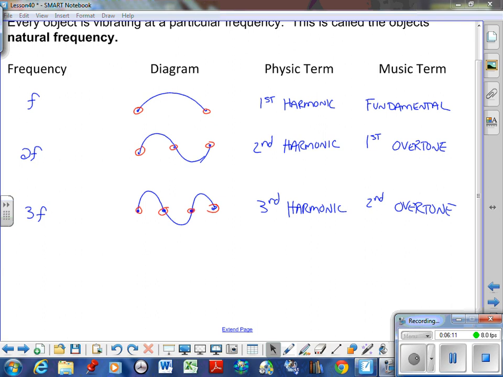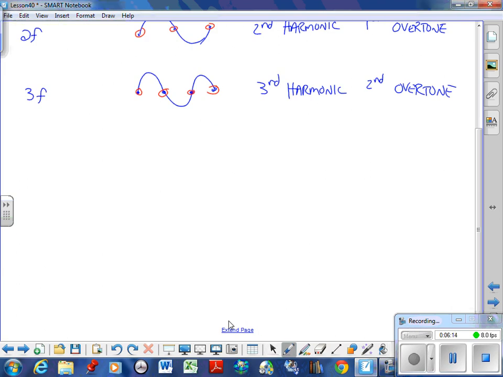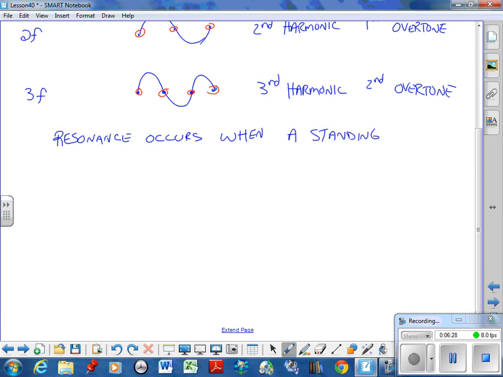So anyway, to finish off this particular section then, so basically what's happening here, resonance occurs when a standing wave is created at a multiple of the natural frequency.